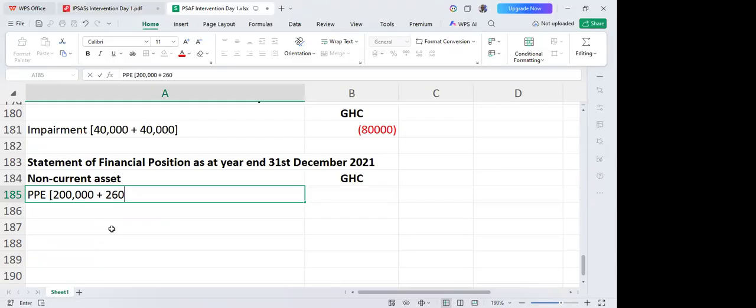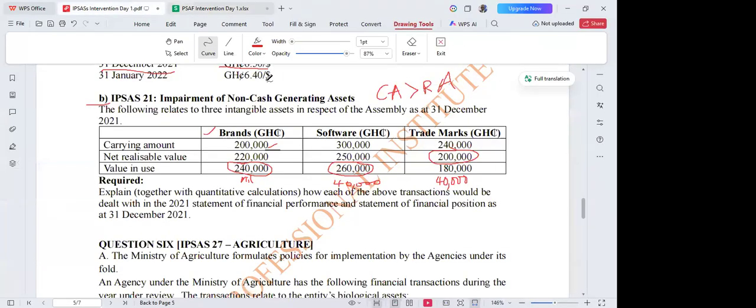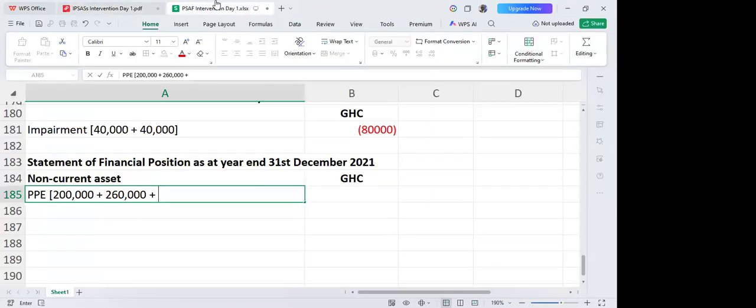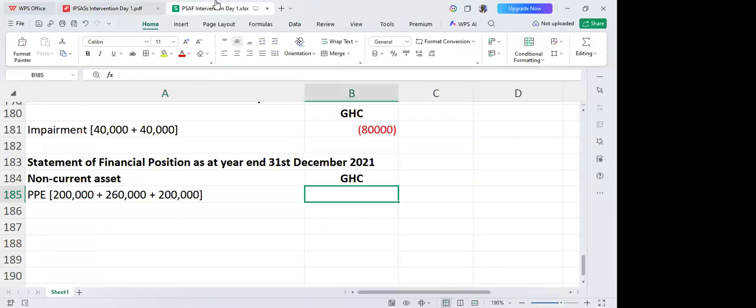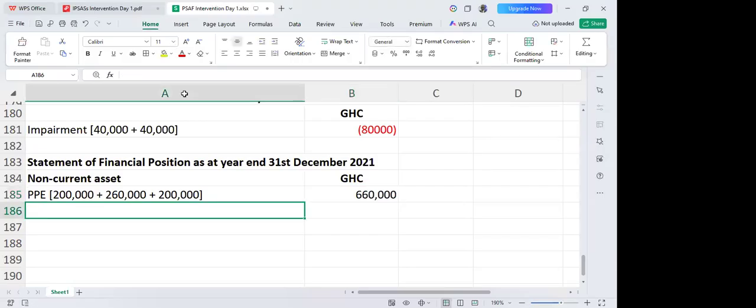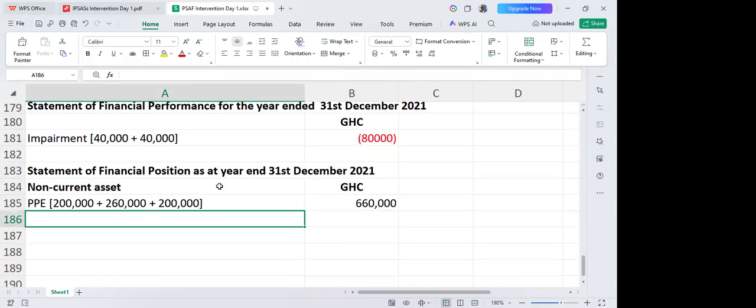Lastly, we bring the recoverable amount here, which is 200,000. When we sum the three up, what do we get? 660,000. Okay, so that's it for question 5B.